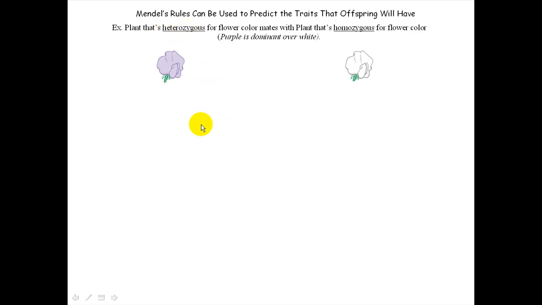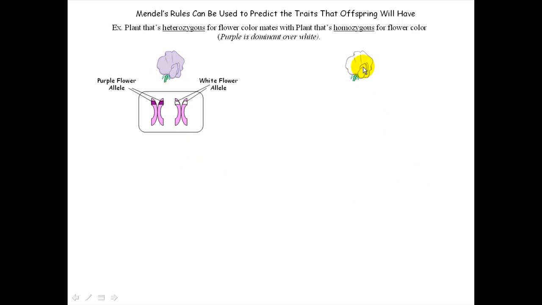If you were to take a look at the cells of this particular plant, because it is heterozygous for flower color, you would expect to find in this plant's cells an allele that encodes for purple flowers. And again, because it's heterozygous, on the homologous chromosome you would expect to find a different allele, in other words, the allele that encodes for white flowers.